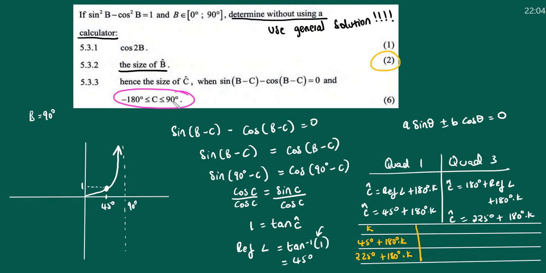Then they give you this restriction there to find the angles. This is the method to use. So your k, you would say negative 3, negative 2. Usually I like to start from negative 3, then negative 2, negative 1, 0, 1, 2. Yeah, let's see where it gets us.